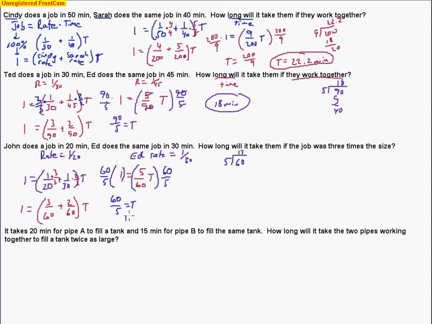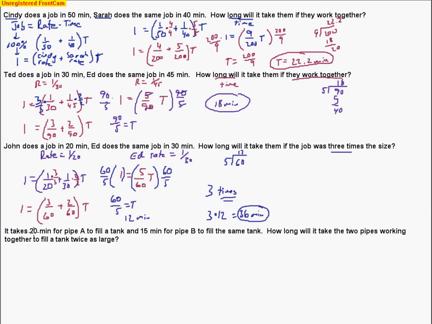So 12 minutes, that's the time it takes them to do one job. But now they need to do a job that's 3 times the size. So 3 times means that we're going to multiply. So 3 times 12 equals 36 minutes. And so that's the time it takes them to do a job 3 times as long.